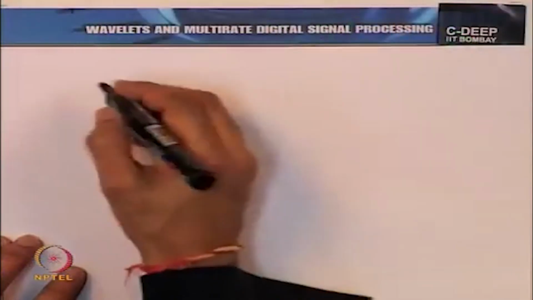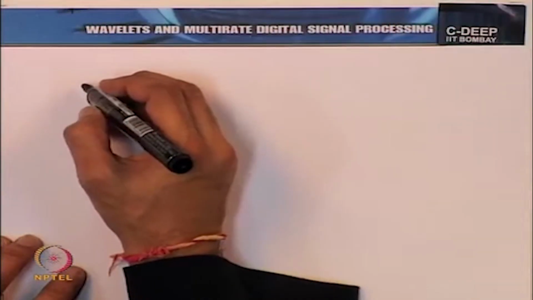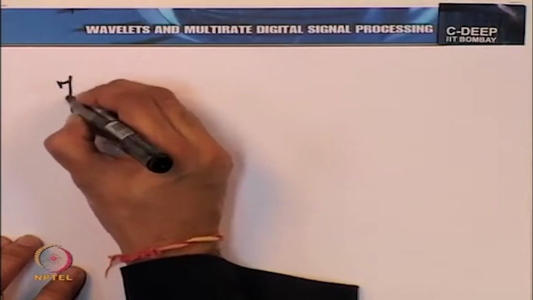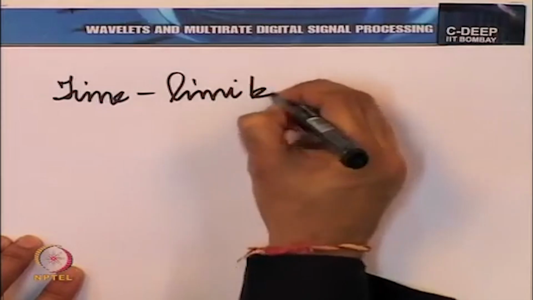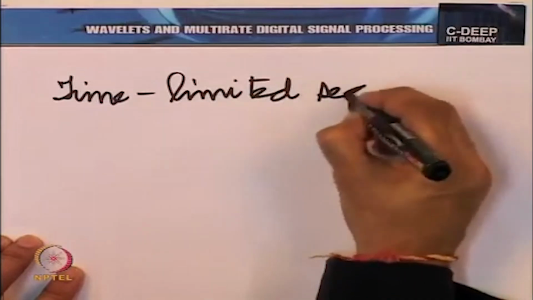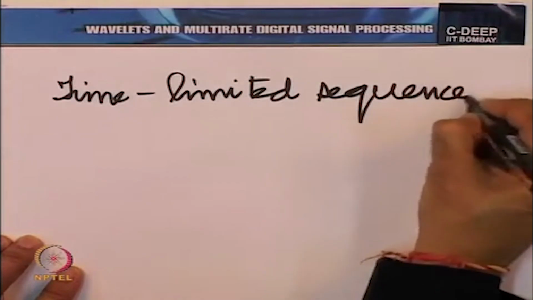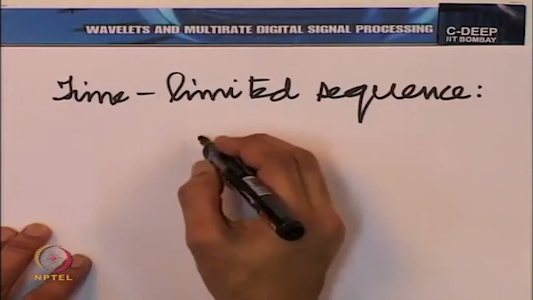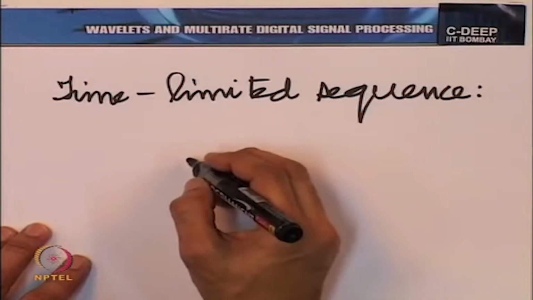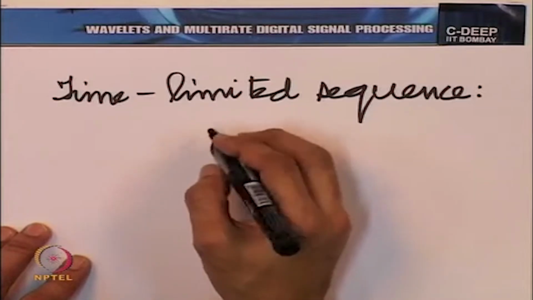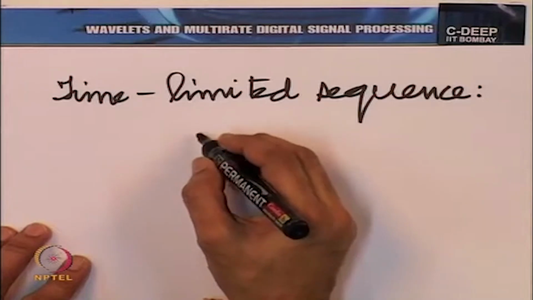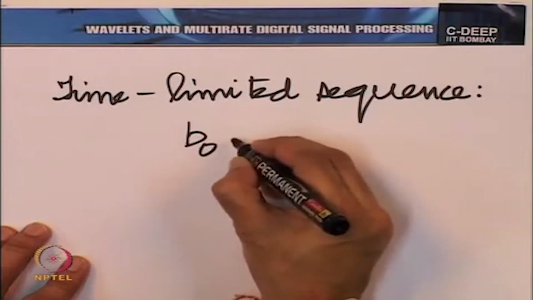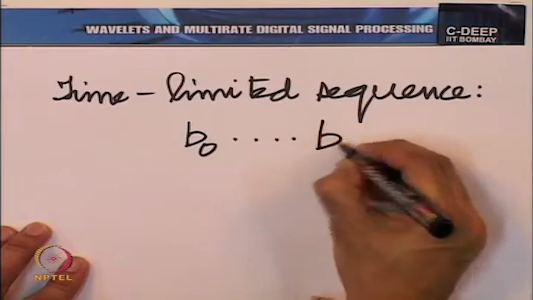So, if you recall, if you have a time limited sequence, let us say it has capital N samples. So, you have, let us give the sequence a name, B[0] to B[N-1] to be more precise.